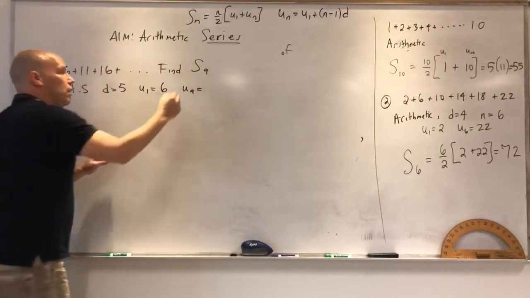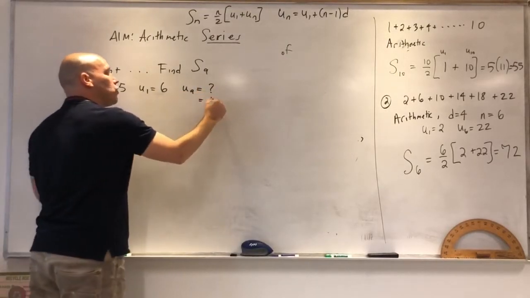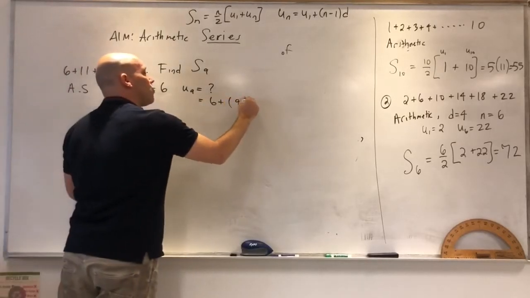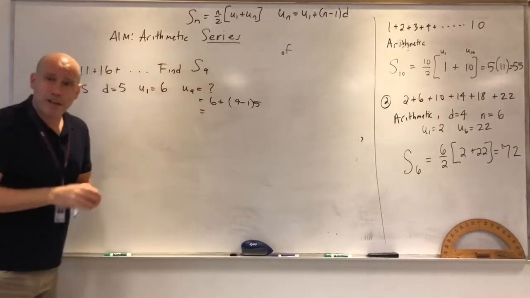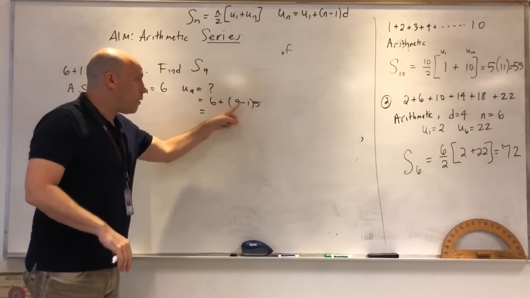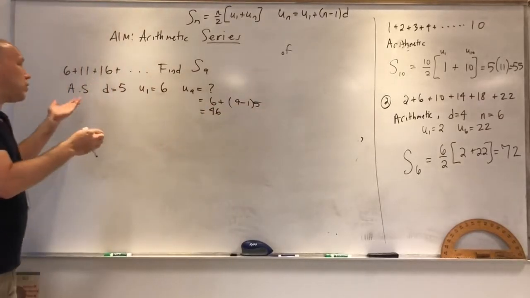At first you might not know it, but I know it's 6 plus 9 minus 1 times 5. 8 times 5 is 40, and 40 plus 6 is 46. Now I'm able to use the formula.